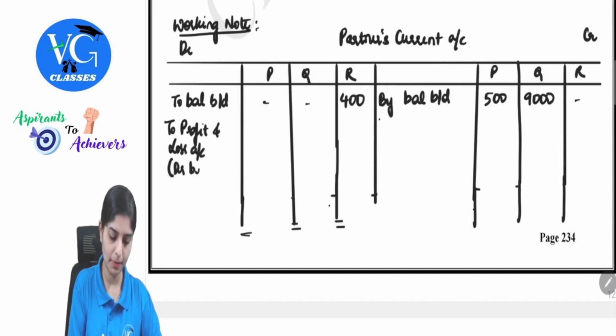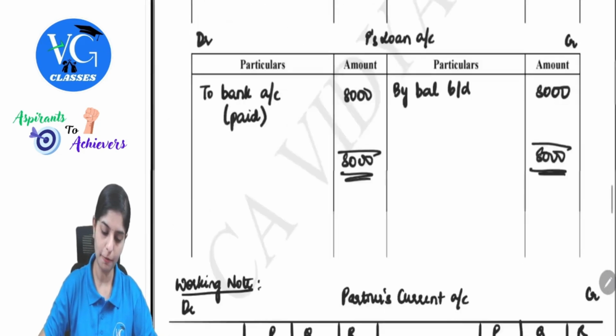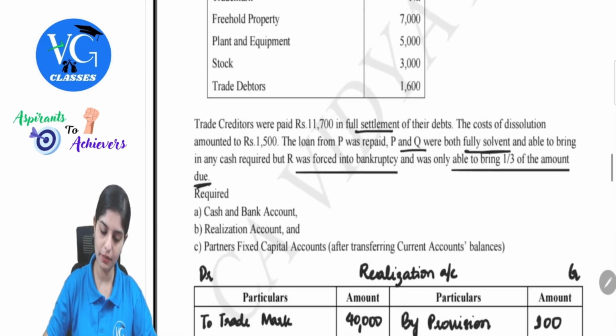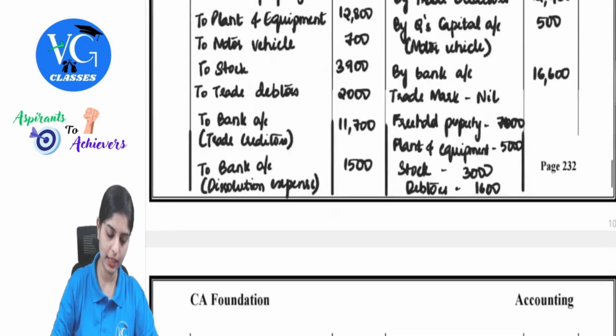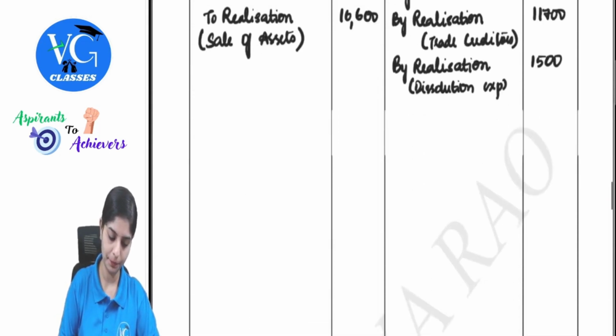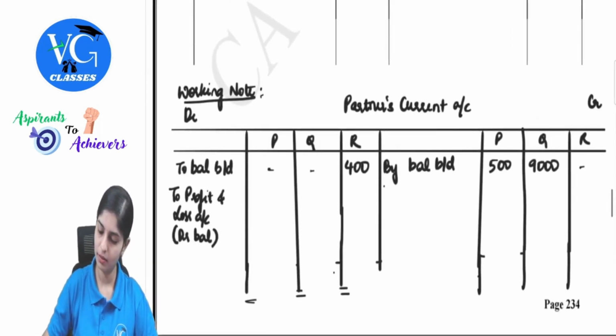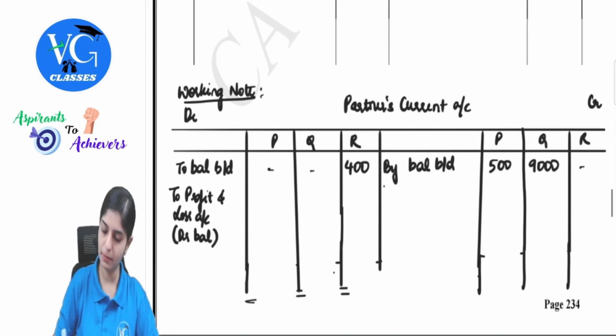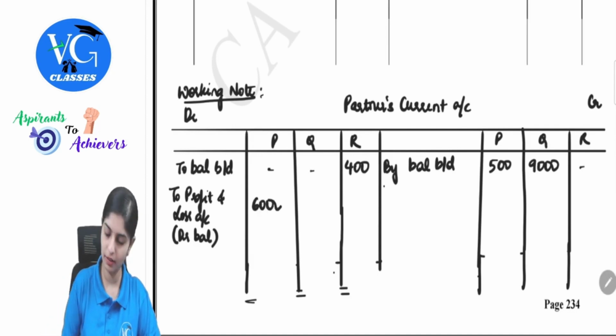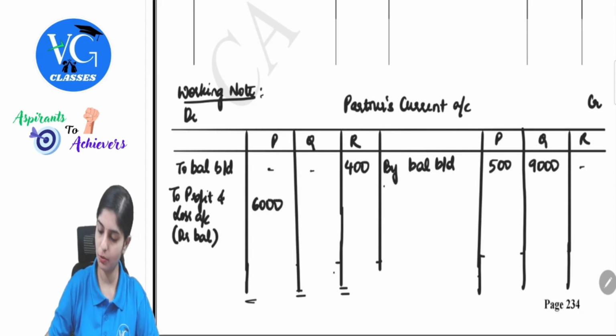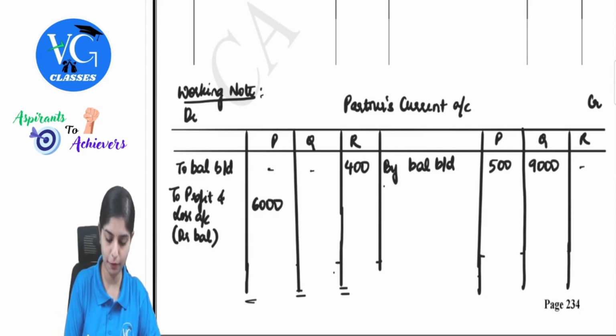This has a debit balance. Profit and loss account debit balance was given at 12,000, 3:2:1 ratio. 12,000 into 3 by 6, 6,000; 12,000 into 2 by 6, 4,000; and then 2,000.